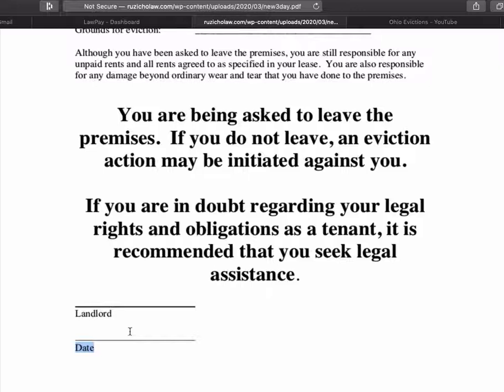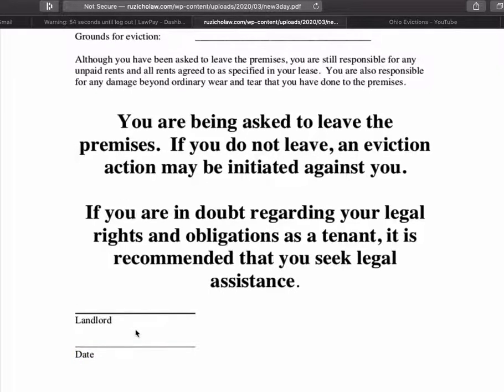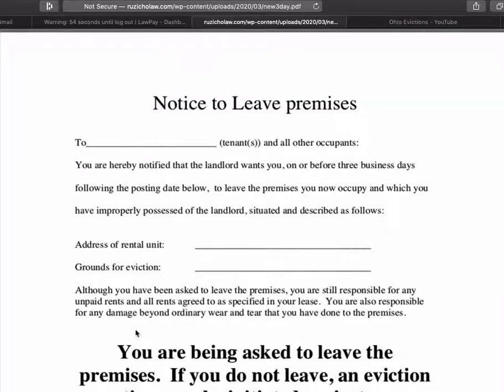Don't send the notice via text or email. Tenants can always claim they never received the text or the email, and then what are you going to do? If you need to go beyond photographing the notice on the door, you can bring a witness with you as you post the notice on the door. Or you can hand the notice to the tenant directly, but that makes it difficult to take a picture of.